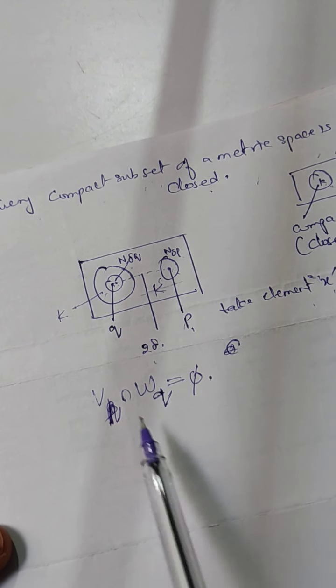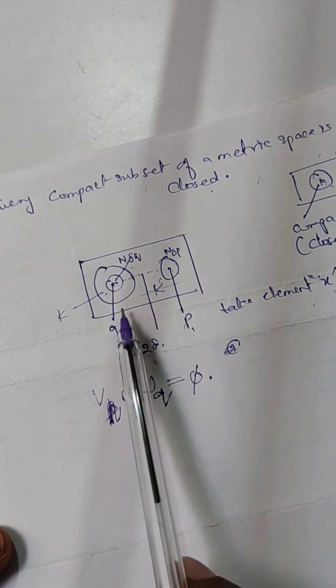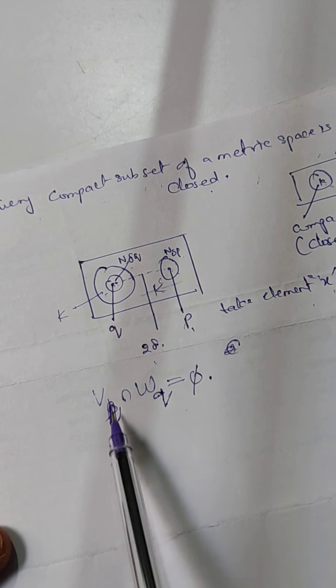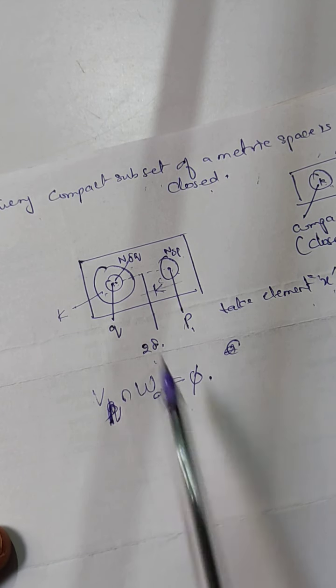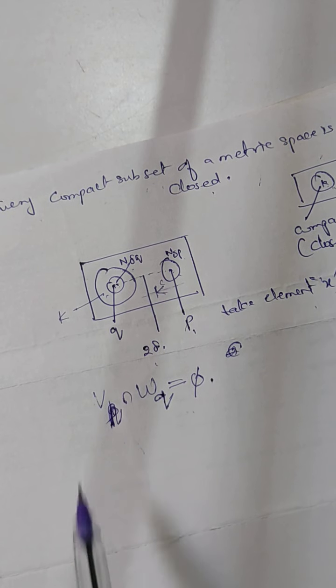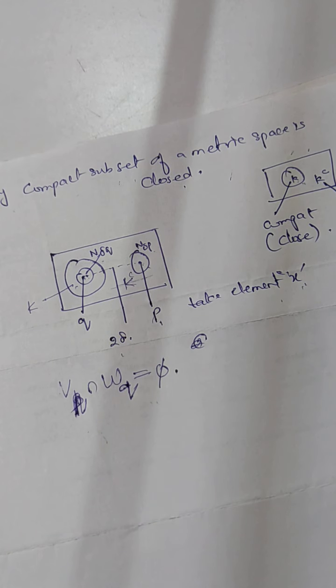All right, these are the open sets containing P and Q respectively, and the intersection of these two will give you phi. But still we are considering there is a point X that belongs to these disjoint open sets.